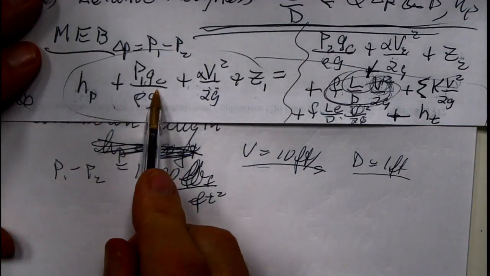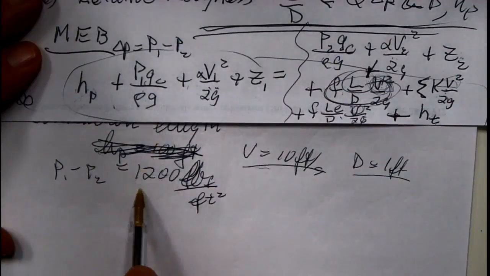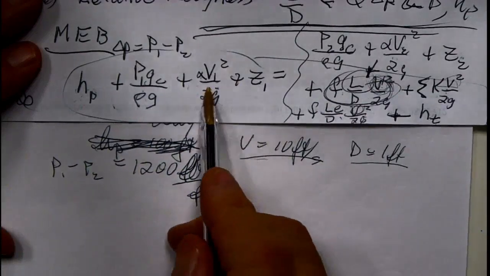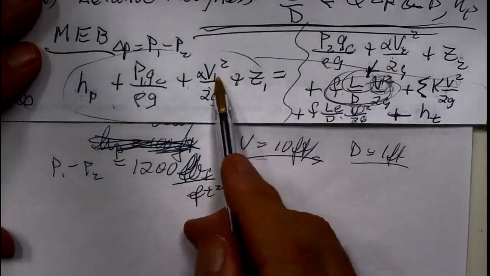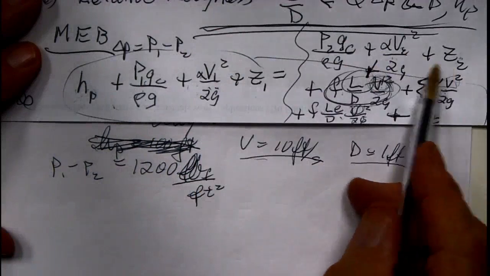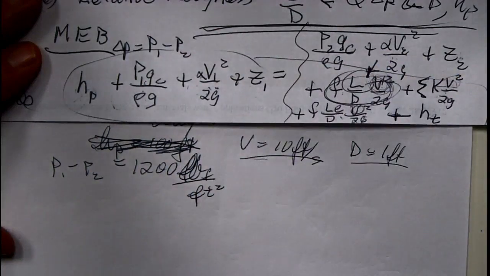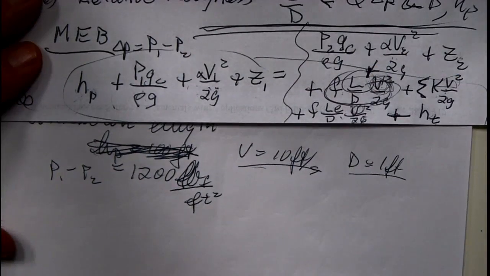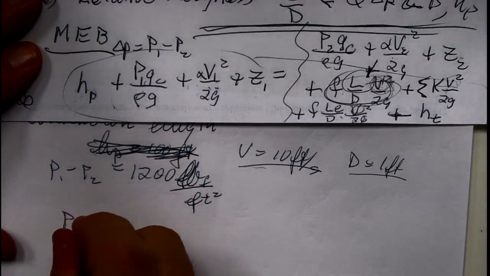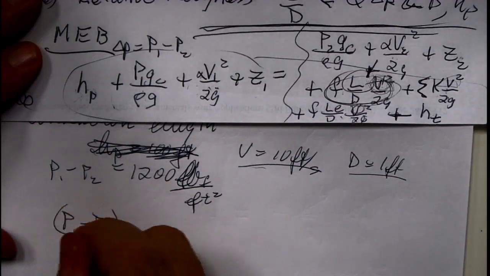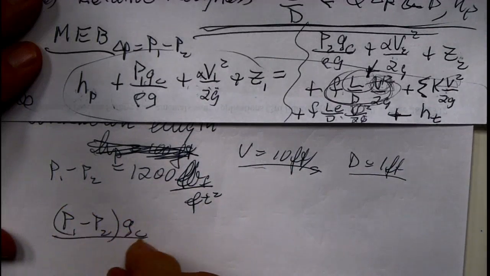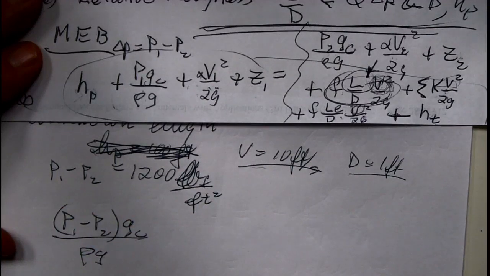I have a pressure drop of 1,200, so that's what this is. Velocity 1 equals velocity 2, so those two terms will cancel. Z1 equals Z2, that term cancels. So what we have is the pressure drop, P1 minus P2, g_c over rho g sitting here.